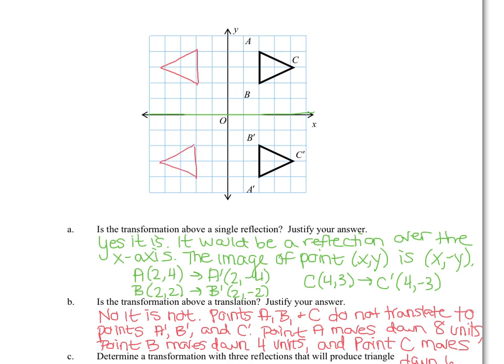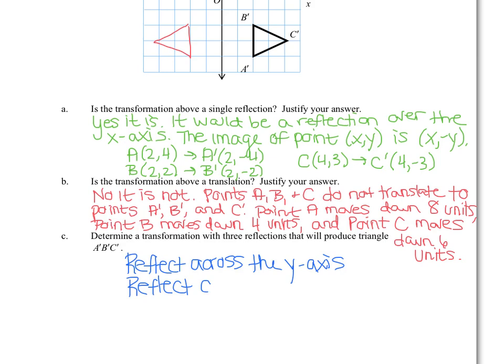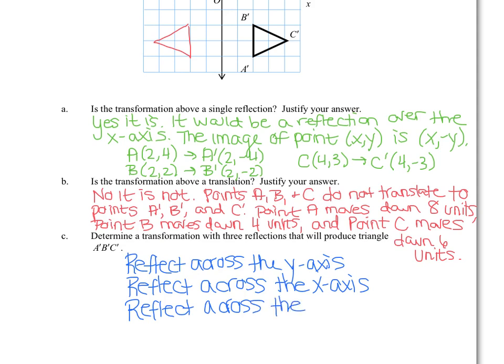And then if we reflected it back across the y-axis, we'd have our triangle. So we're going to reflect across the y-axis. Then we're going to reflect across the x-axis. And finally, we're going to reflect across the y-axis again. And these are going to be our 3 reflections that will produce triangle A prime, B prime, C prime.